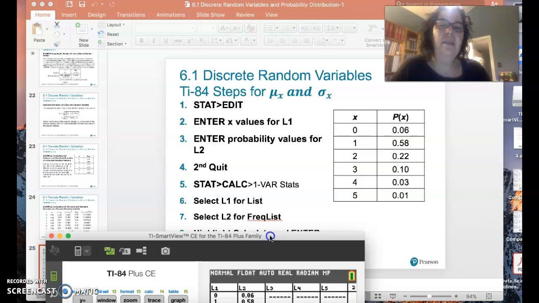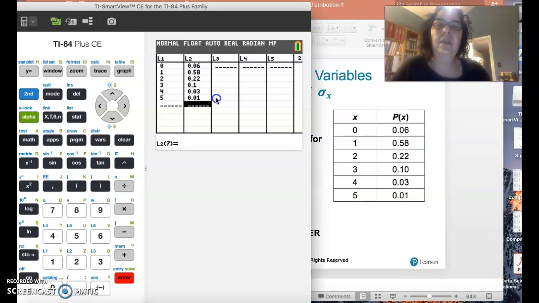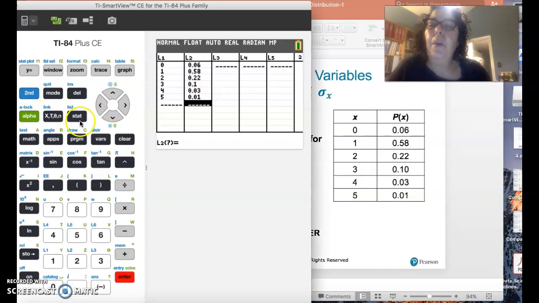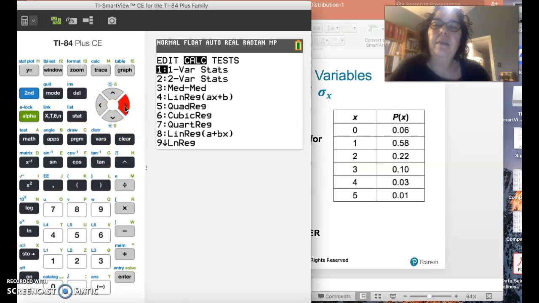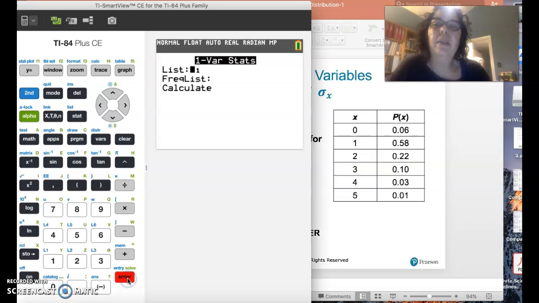We're going to go to stat, move to calc, choose one variable, and hit enter. List 1 will be the x values, enter. List 2 will be L2, enter, and then enter.